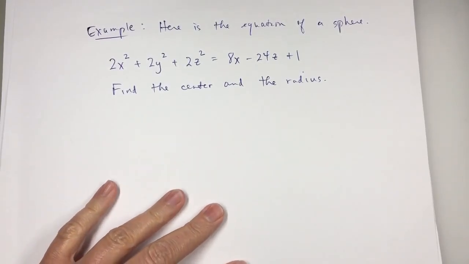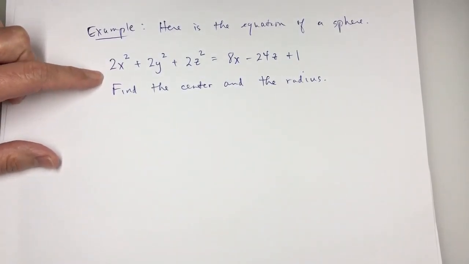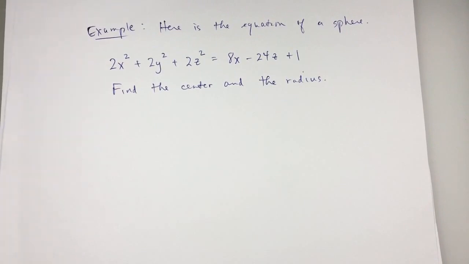Here I have 2x squared plus 2y squared plus 2z squared equals 8x minus 24z plus 1. What would clue me in that this is a sphere is that I have x squared, y squared, and z squared, and those are the highest exponents that show up.